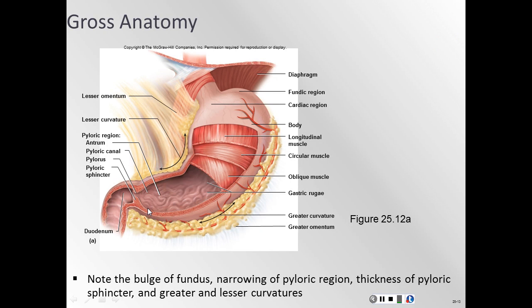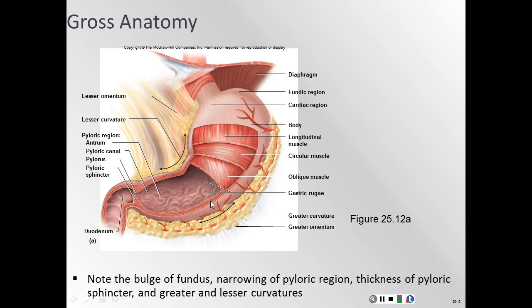Okay, so hope you guys remember the two regions. I gave you a minute or two while I was talking about something else. You remember the two regions of the pyloric region? It's the pyloric canal and the antrum. So here is our antrum, and here's the pyloric canal.